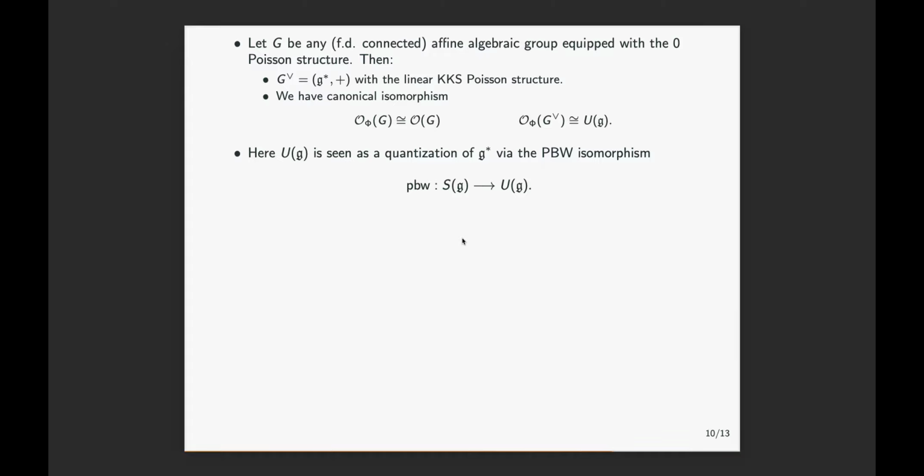And the trick is that the fact that this is a flat deformation comes from the PBW isomorphism, which is the vector space isomorphism to the symmetric algebra. And the claim is that it's actually a co-algebra isomorphism as well, which is why you really get a quantization of a Poisson group.